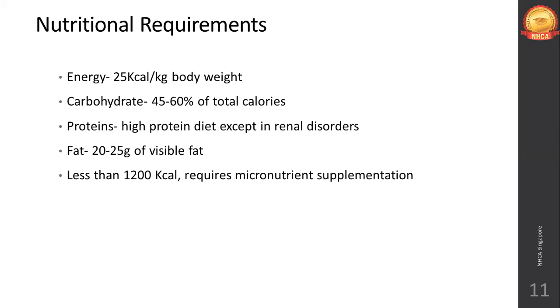Zinc supplementation will reduce your insulin resistance. Zinc deficient people have shown reduced insulin secretion and high insulin resistance, so if you correct your zinc deficiency, it can work positively.